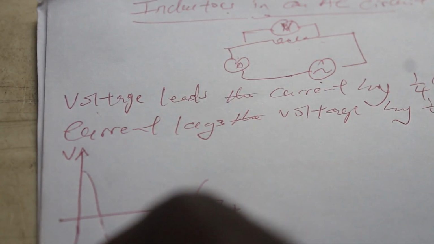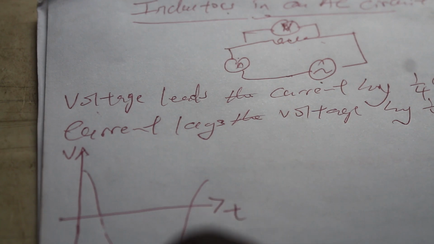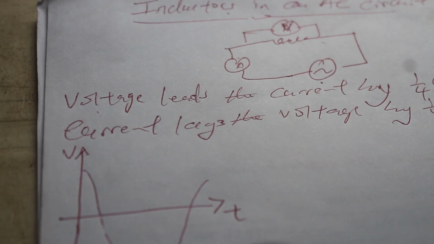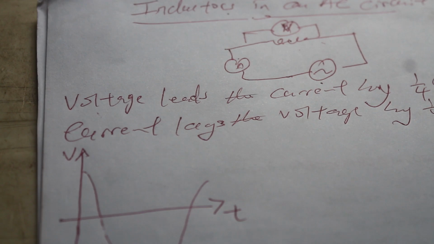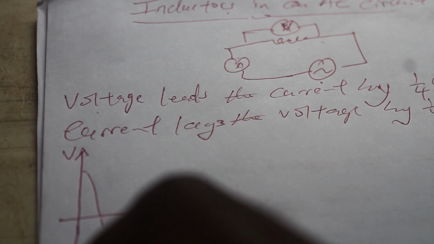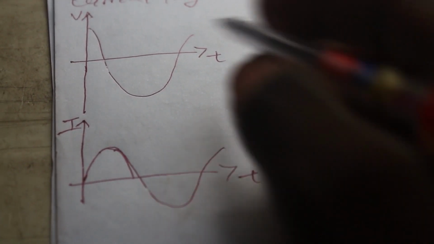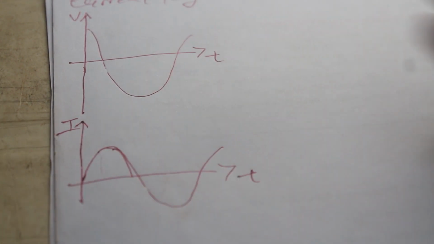If you were to plot the two together, let's say here's the instantaneous current, here is time, you'd see that both of them will be out of phase, that is the voltage and also the current, by what?